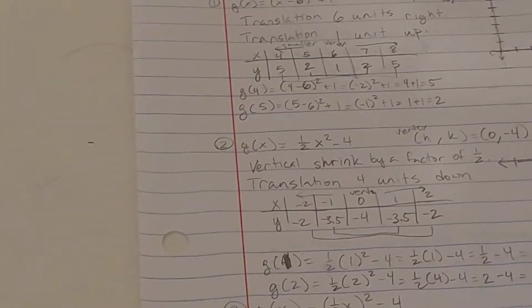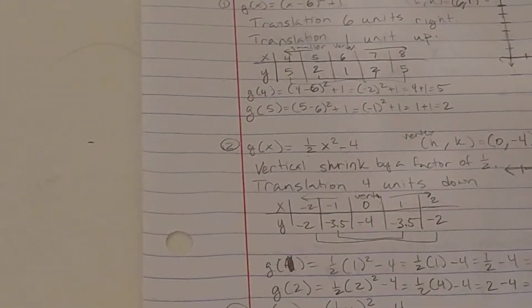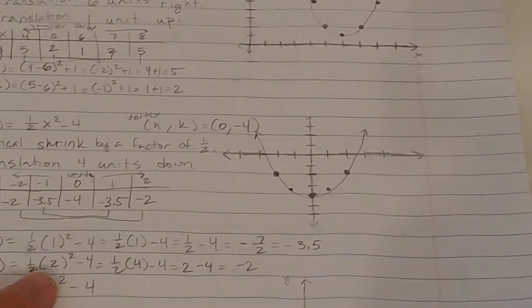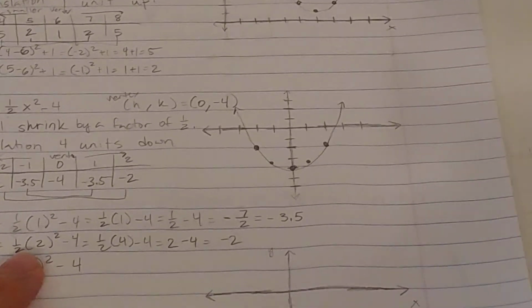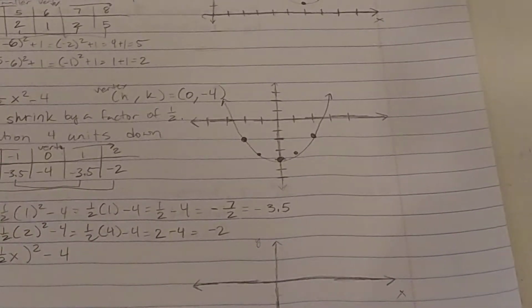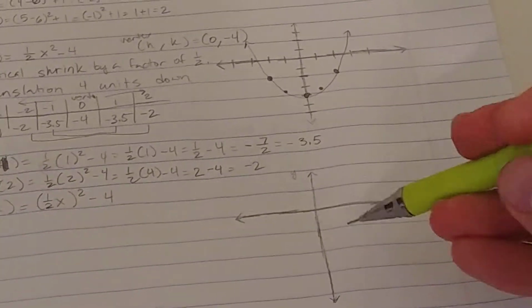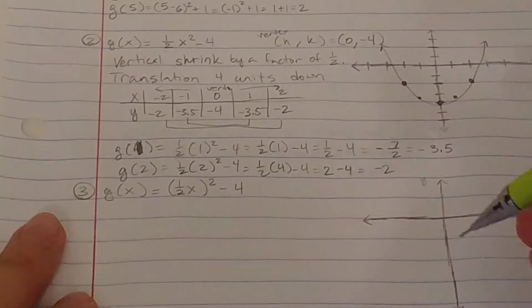Oh, there's our bear. Hi, bear. All right, and that's a vertical shrink. That's why it looks a little wider. I was just graphing, so it doesn't really matter.